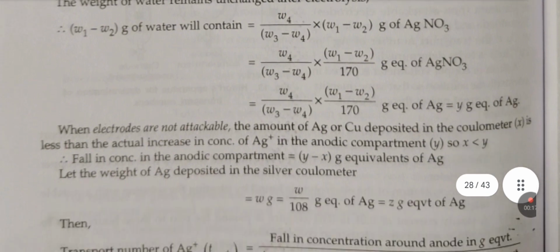W1 minus W2 gram of water will contain W4 by (W3 minus W4) into (W1 minus W2) gram of AgNO3, that is, W4 by (W3 minus W4) into (W1 minus W2) by 170 gram equivalent of AgNO3, which will further equal Y gram equivalent of Ag.